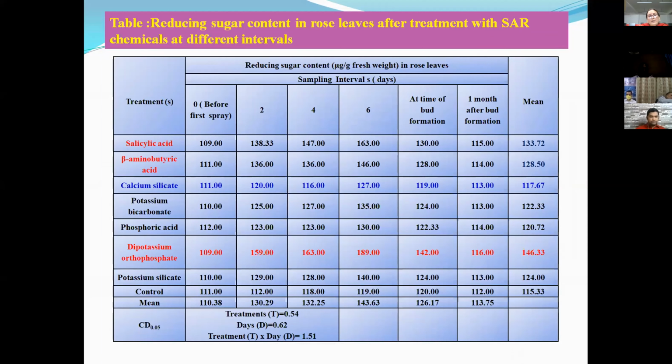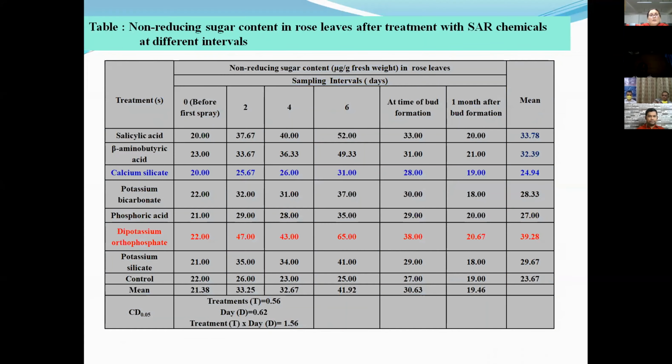We recorded before spraying, and thereafter after 2 days of interval, we have seen a gradual increase in the level of reducing sugar content, and thereafter at bud formation it was reduced, and after bud formation, after 1 month, it was drastically reduced later on. It means we require another dose of foliar application of these chemicals. The non-reducing sugar content was also similar, but the minimum was recorded in calcium silicate and the highest in dipotassium orthophosphate, followed by salicylic acid.